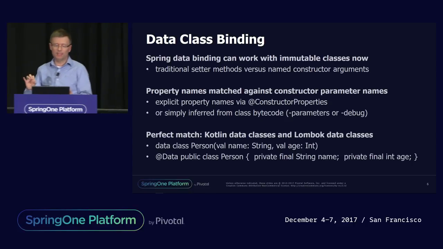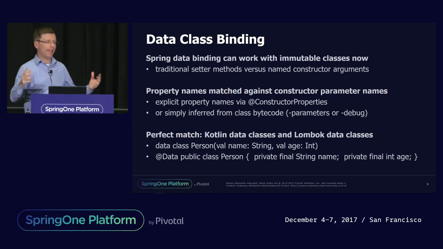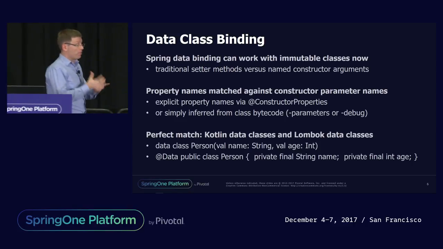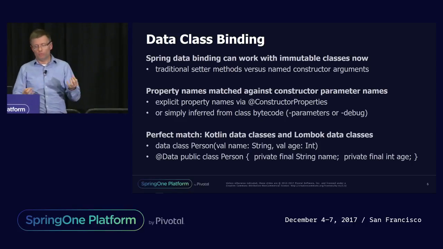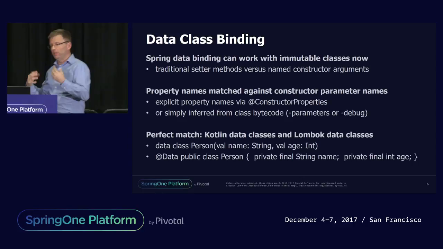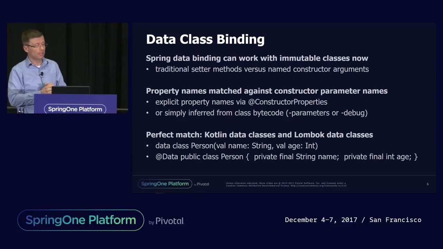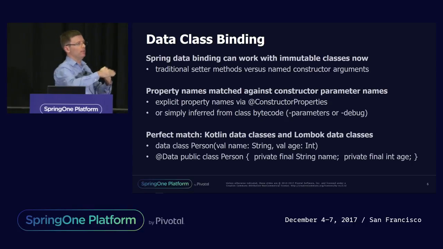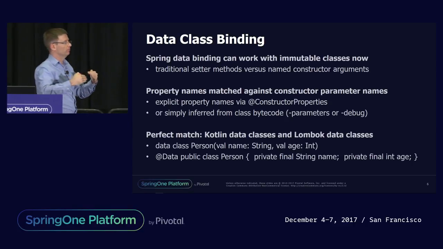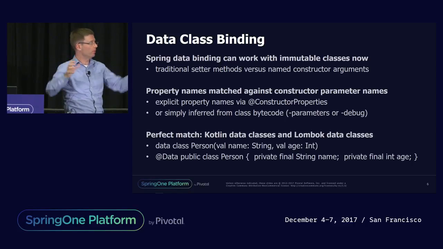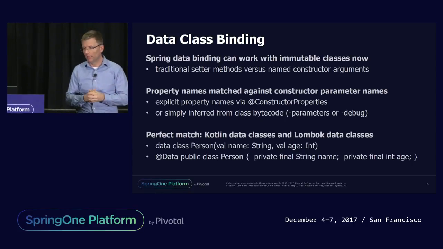But -parameters is the first class flag in javac in Java 8. So the parameter names are significant, and we resolve the incoming property values, like web request parameters. Again, we match them against the constructor signature and simply resolve all the constructor arguments, then call the constructor for you, pass the object in.